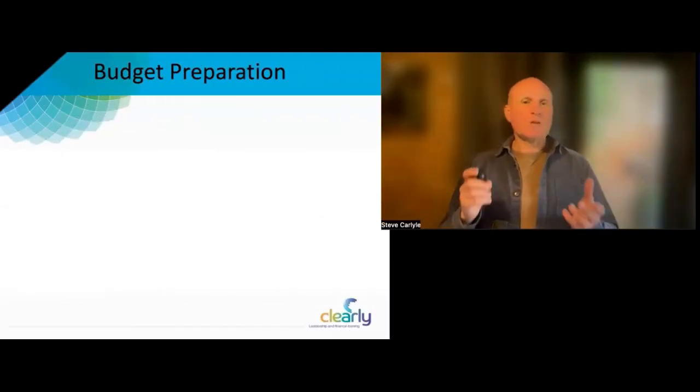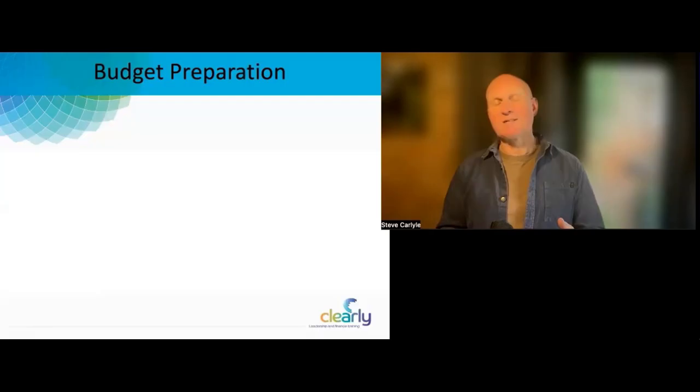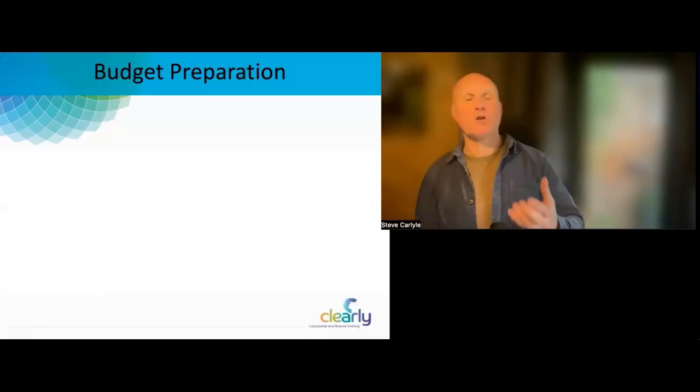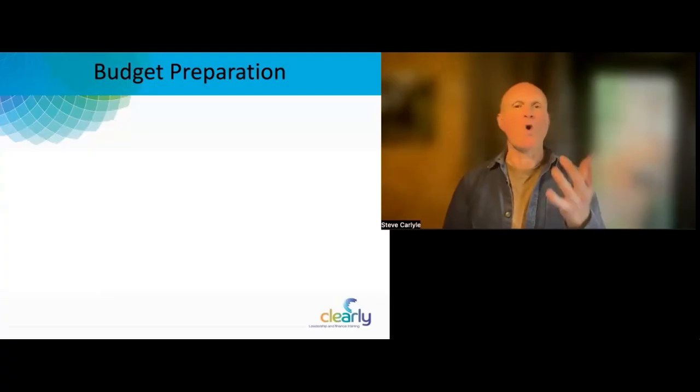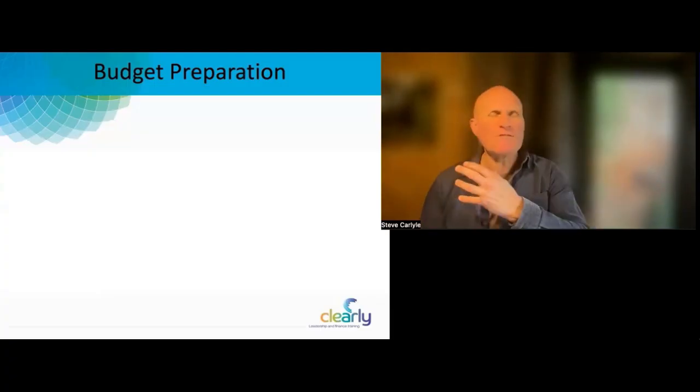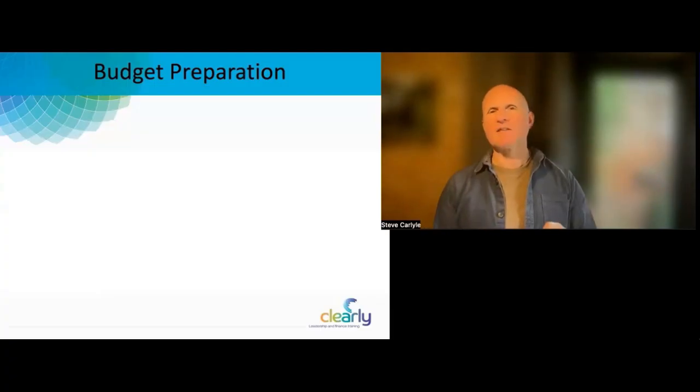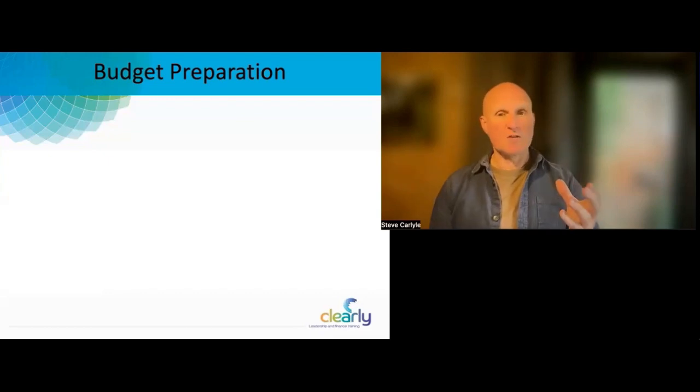So when you start to put together your budgets, the first thing you need to start with is what's known as your critical budget factor. There will usually be one factor that will drive everything else. And the critical budget factor is usually your income. What income are you going to get? Whether you're in the private sector or the public sector, you will normally start with your income.